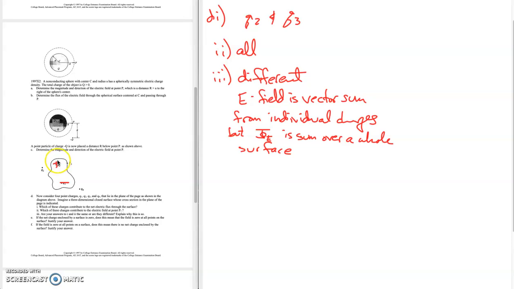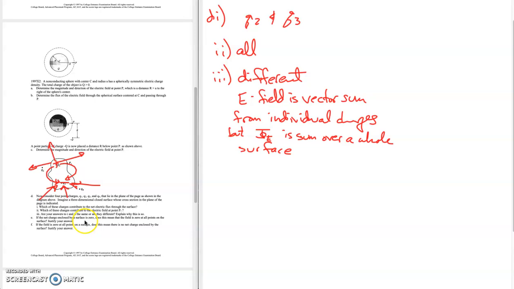Over here we have electric field lines exiting, and over here we have electric field lines entering, and some of them exit and enter as they go from the plus to the minus. Overall we have 5 field lines leaving the surface and 5 field lines entering the surface.